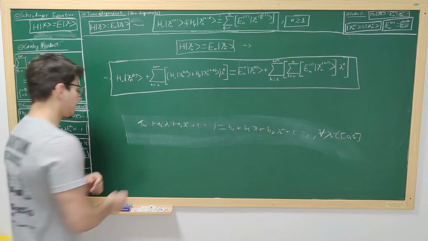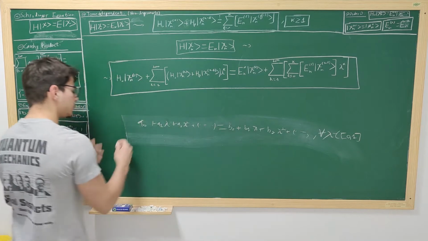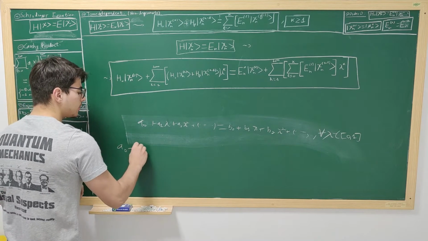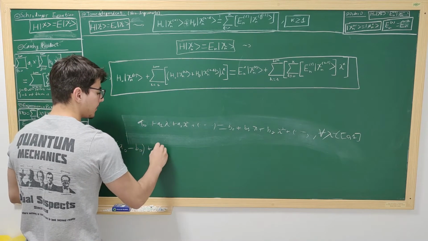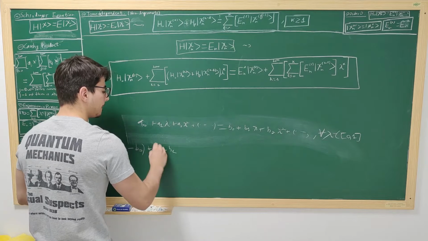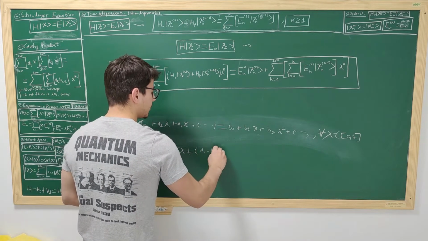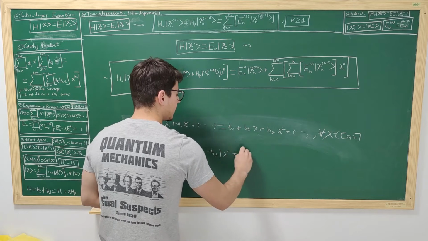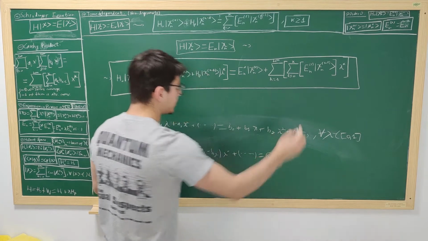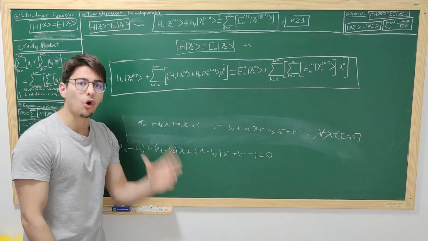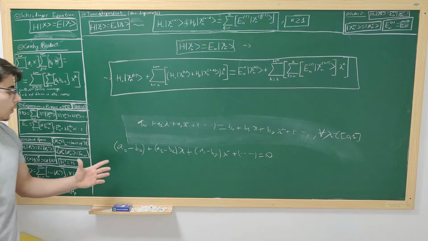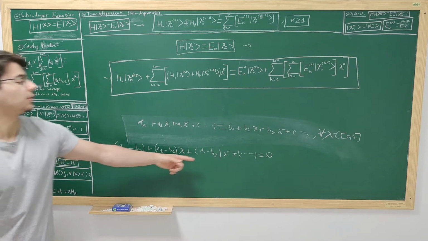A way to see this is if you take all of this to the other side, you get a0 minus b0 plus a1 minus b1 times lambda plus a2 minus b2 times lambda squared plus the same is equal to 0. For this to hold for all values of lambda, we need that this term is 0, this term is 0, this term is 0, and so on.